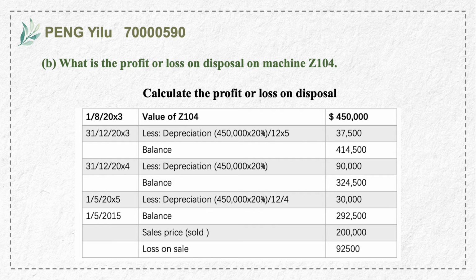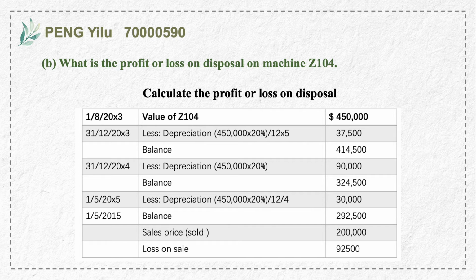Then we balanced at 440,500. Then we should go on to minus the depreciation on 31st December 2000 X4 year. It cost 90,000. Then we balanced at 322,500. Then we should go on to minus depreciation on 1st May 2005 year, it cost 30,000.